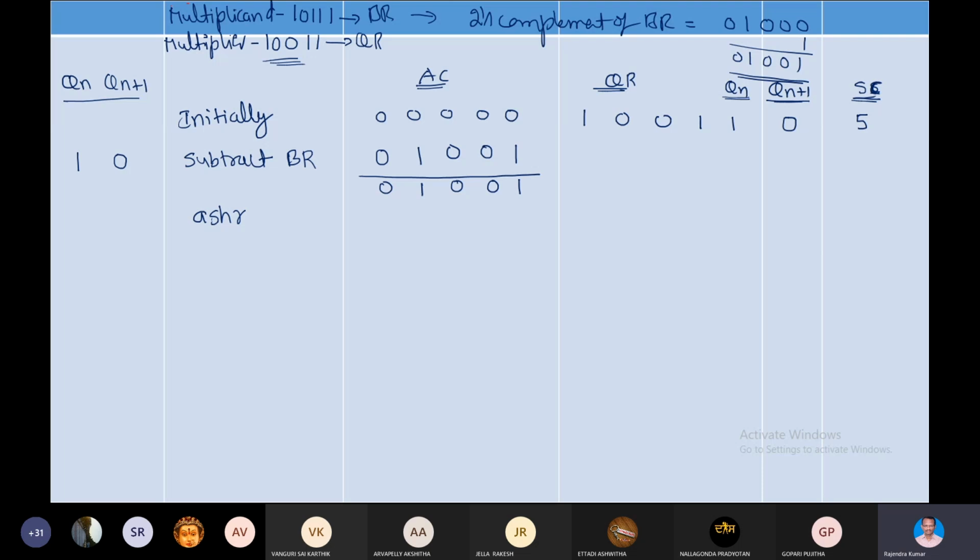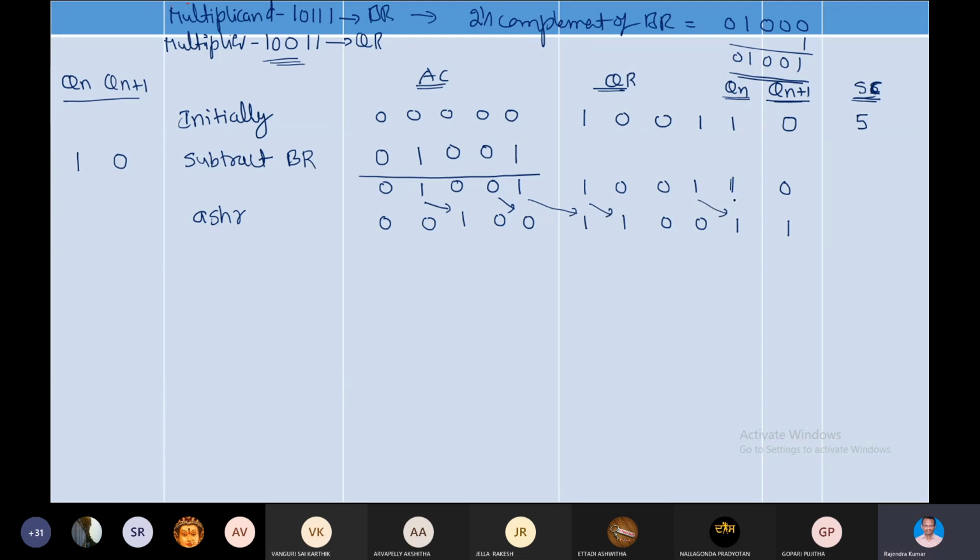So what comes then? The accumulator is 1 0 0 1 1 0, now you do the right side shift, so 0 0 1 0 0 1 1 0 0 1 1. Okay, total is shifted right side.